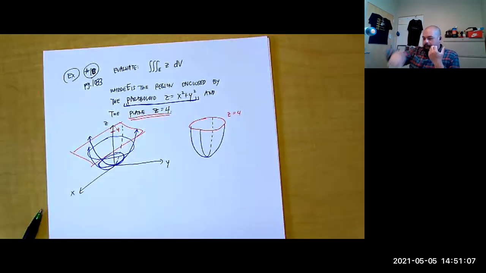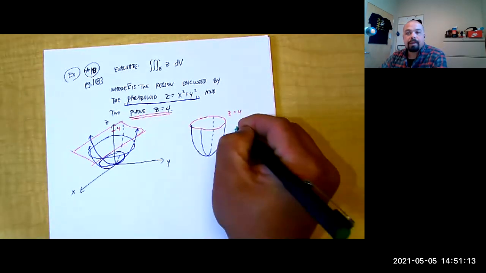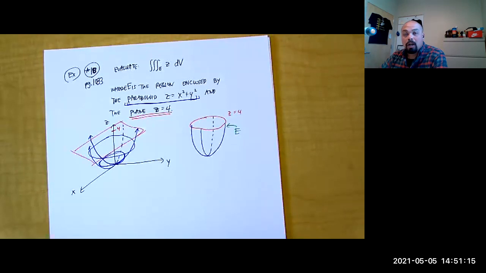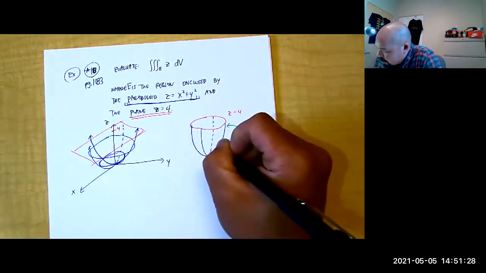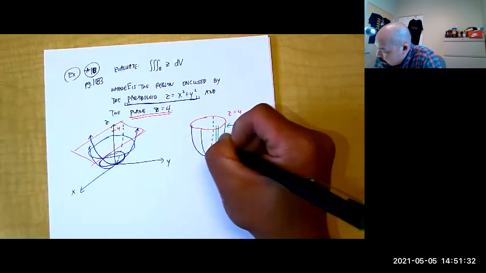So in this case, we're going to be dealing with that region E inside of there. We're going to be integrating throughout. So this is when those columns, those little blocks that fill that space, come in. If I'm going to fill that space along its edge, I'm going to get this little piece here.